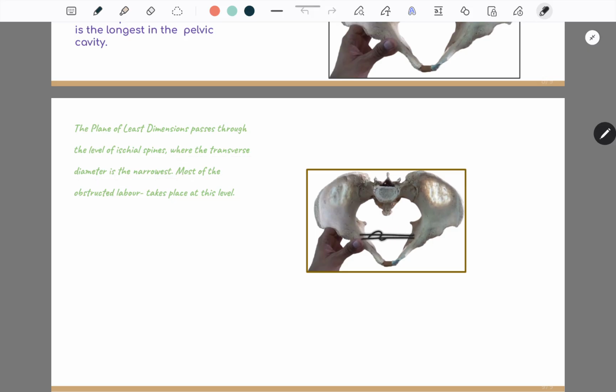See, this was the transverse diameter. It goes backward, backward, backward. This is the narrowest part of the transverse diameter, which is called the plane of least dimension. Clinical importance: most obstructed labors take place at this level.